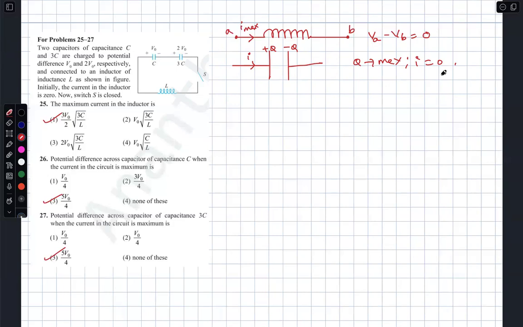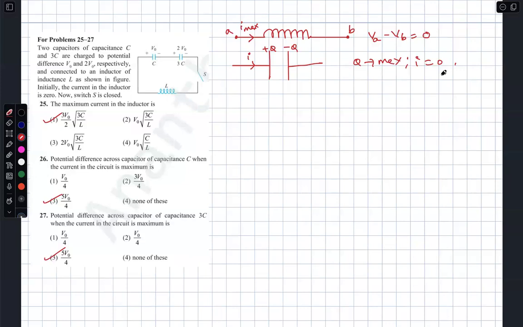Two capacitors of capacitance C and 3C, you can see that, are charged to a potential difference of V0 and 2V0 respectively and connected to an inductor of inductance L as shown in the figure. Initially, the current in the inductor is 0. Now the switch is closed.